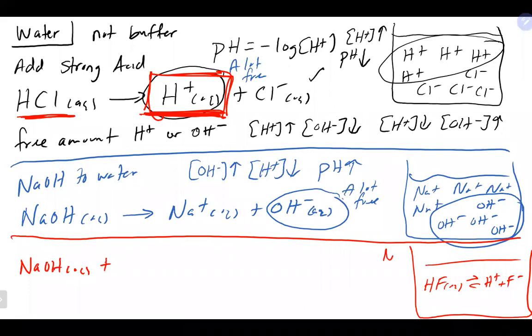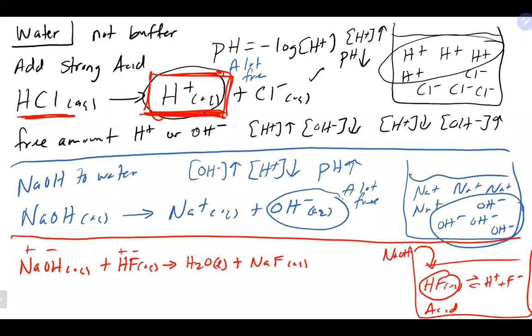So we're going to have a reaction between sodium hydroxide and hydrofluoric acid, and in this case, it is also basically an acid-base reaction. So we will make water, and we will make sodium fluoride. Once again, we produce water, which obviously will not screw up the pH, and we produce the other part of the buffer, sodium fluoride, which will not screw up the pH.